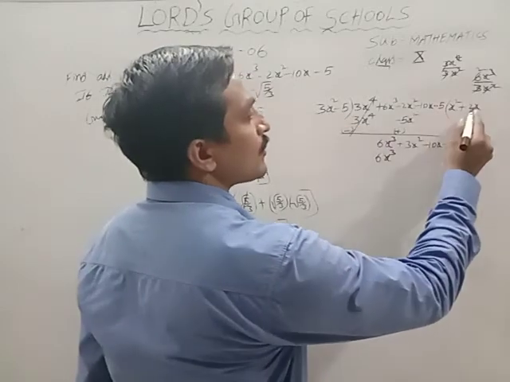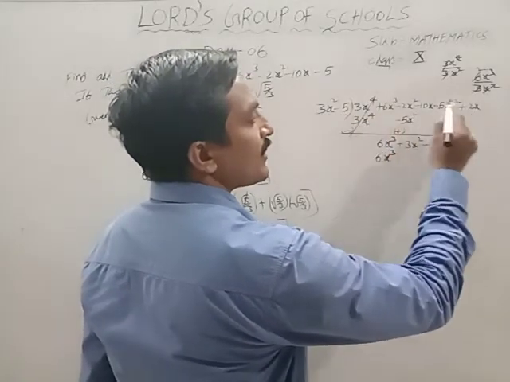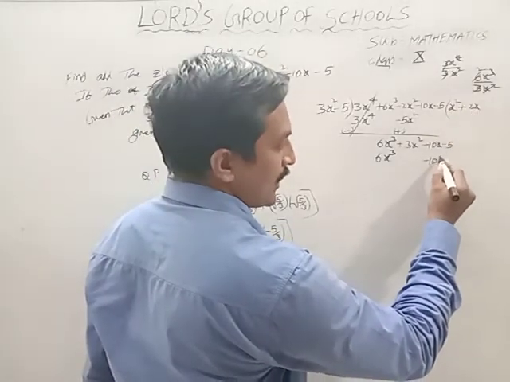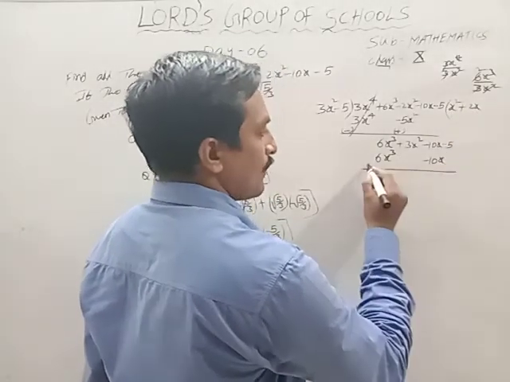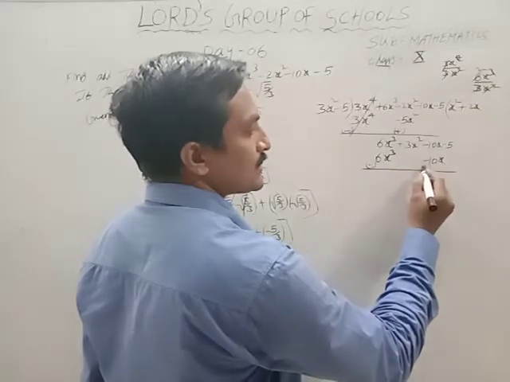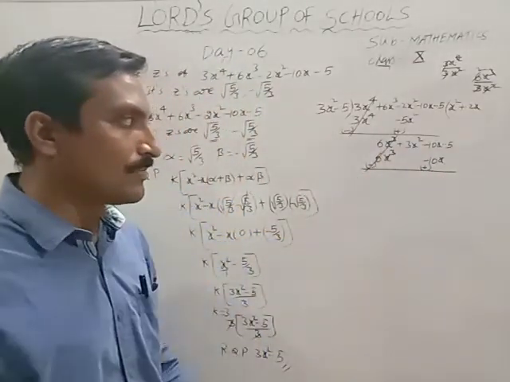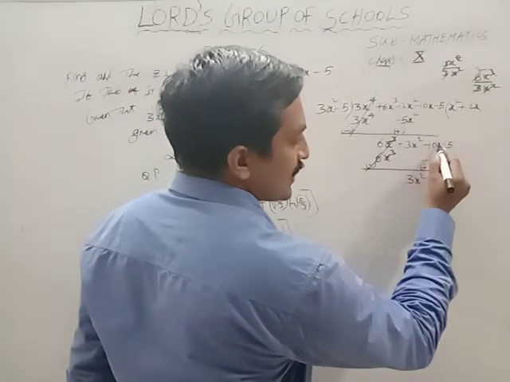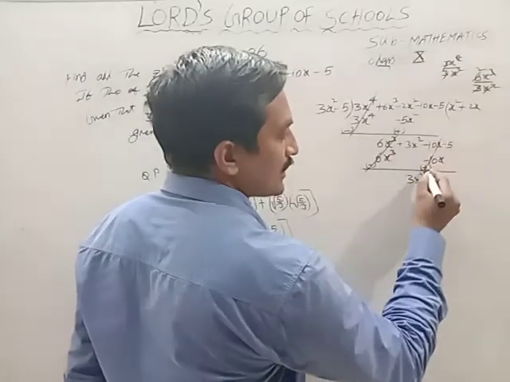Minus 5 into 2x, minus 5 into 2, minus 10x. Minus, plus, these two will be cancelled. Here 3x square as it is. Here minus 10x plus 10x also cancel.